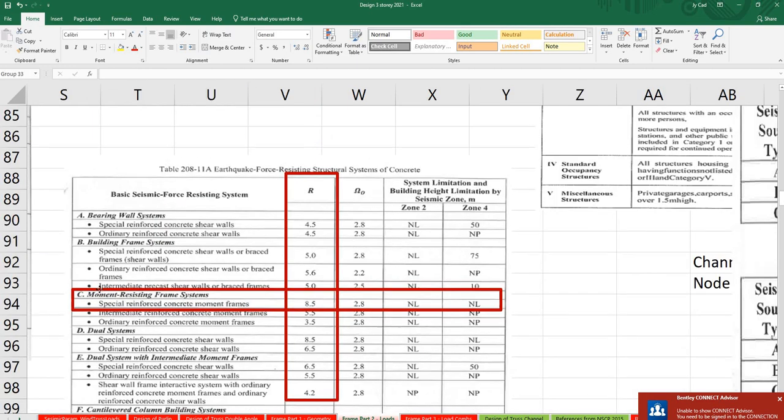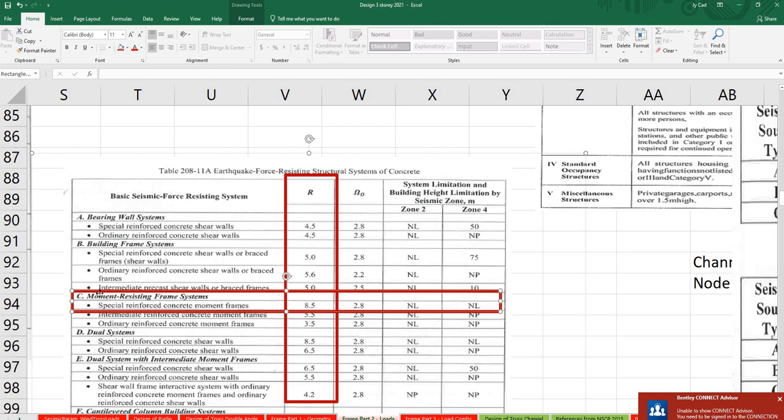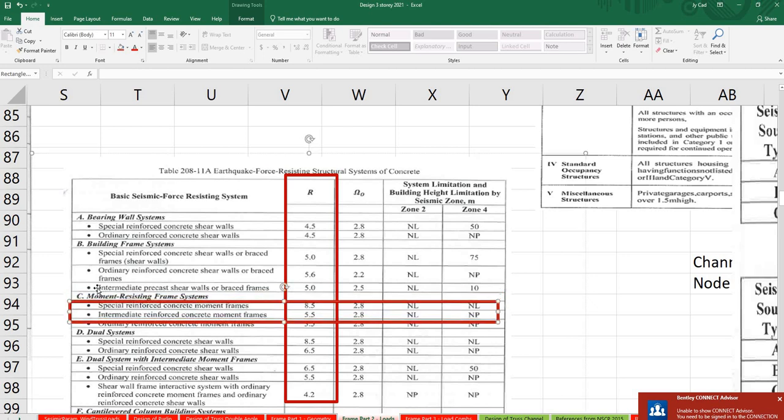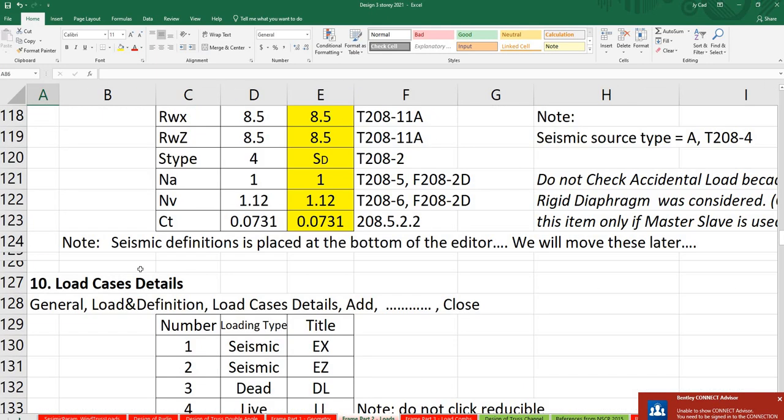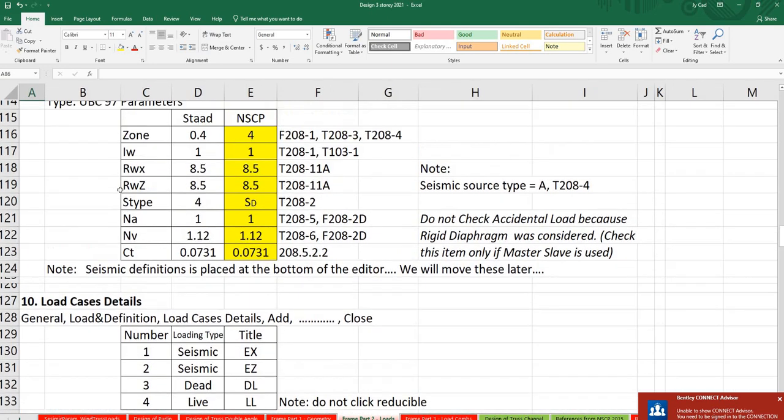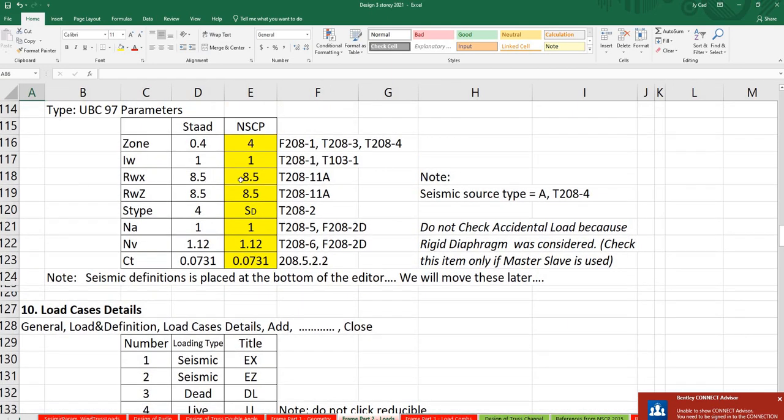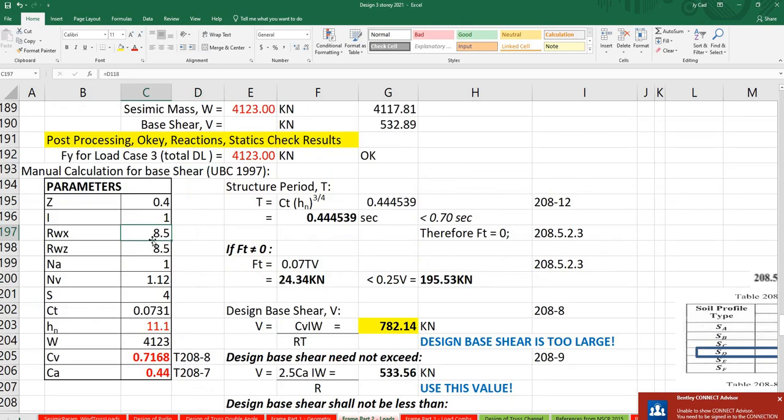Ito. Let's say, intermediate precast shear walls or braced frame. Sabihin natin 5, ano? Yan ang i-adapt natin sa RWZ. Or ilagay natin siya sa RWX and see what happens, okay? So gawin natin tong 5. Tingnan mo yung base shear.